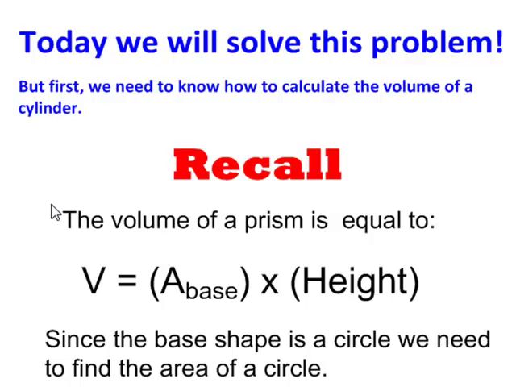Recall from earlier lessons that the volume of a prism is equal to the area of its base times its height. Since the base shape is a circle, we need to find the area of a circle.